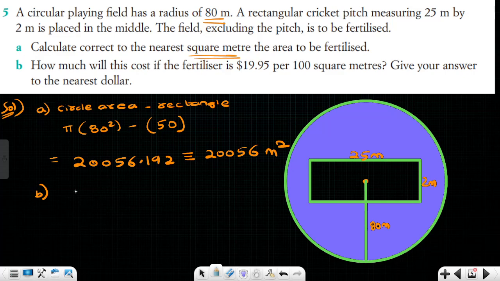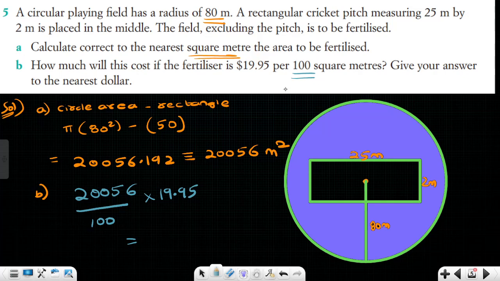How do we do that? So 20056, they are saying per 100, so we will divide this by 100, then multiply by 19.95. I think this calculation is understandable because it is priced per 100 square meters. So we are dividing the 20056 square meters by 100 to get the number of 100 square meters, then multiplying by 19.95.